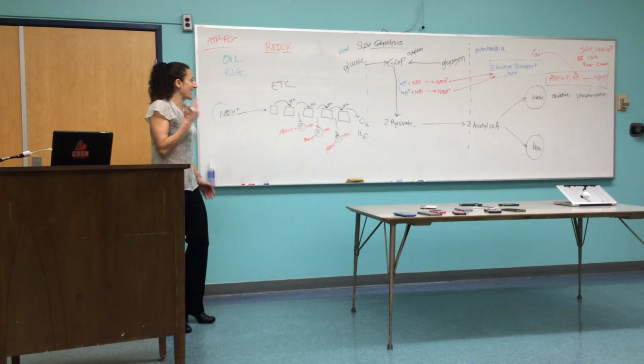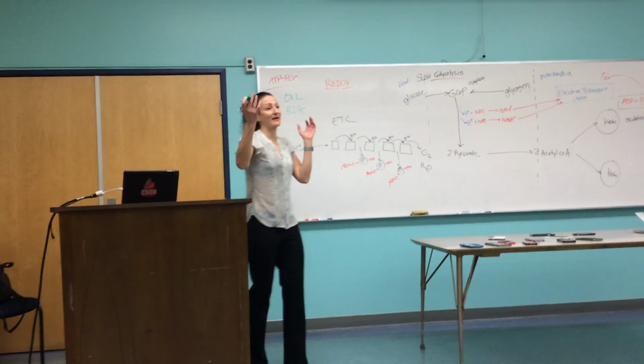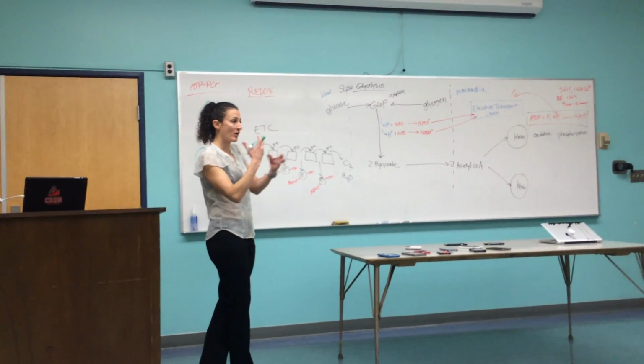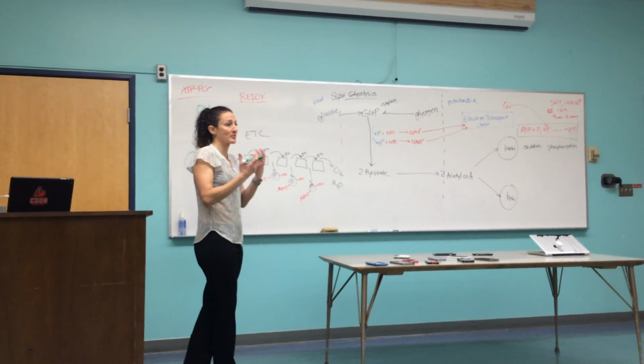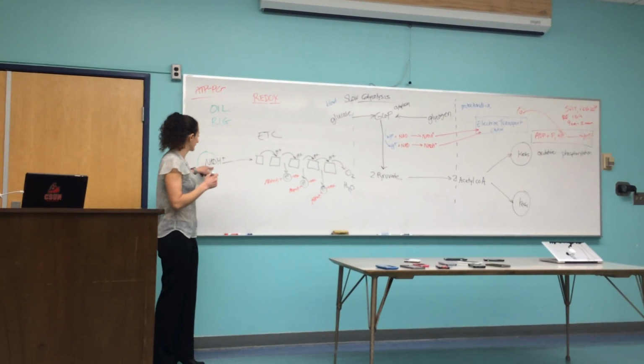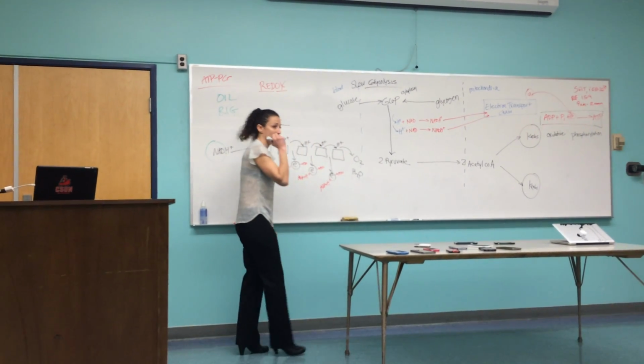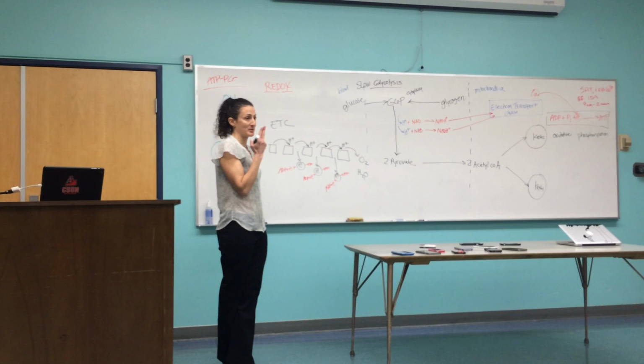You can't produce half an ATP. You're only producing whole ATPs, but it's an average based on all the anabolic and catabolic processes that are going on. So I'm going to say for each NAD that takes a hydrogen to the electron transport chain, you're going to yield 2.5 ATP.